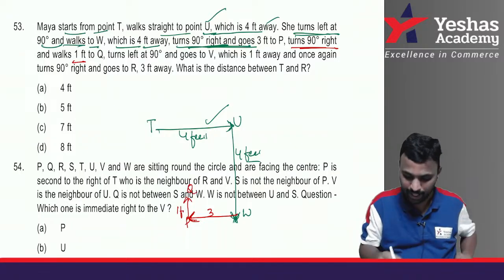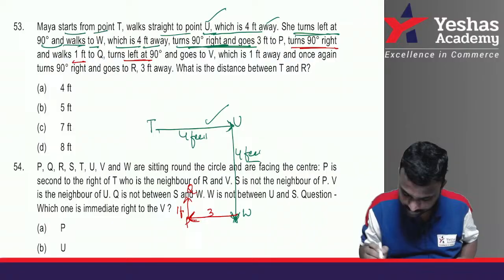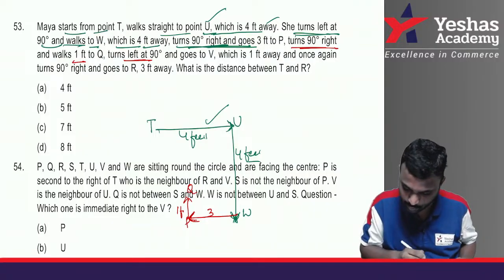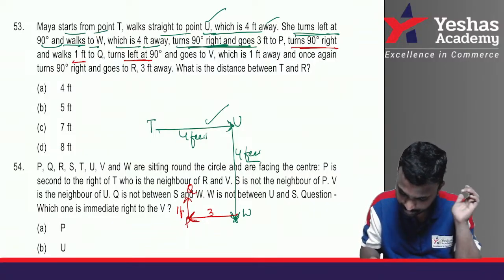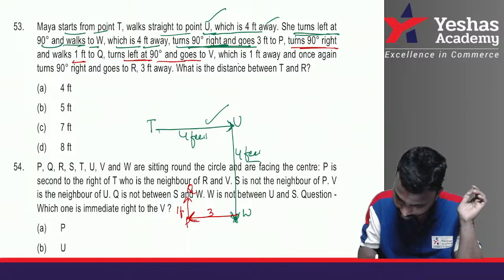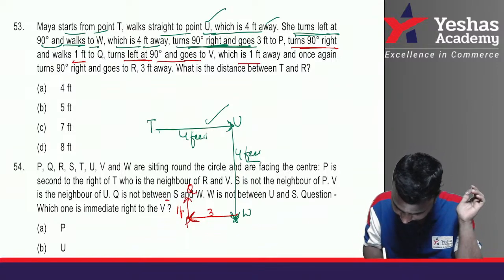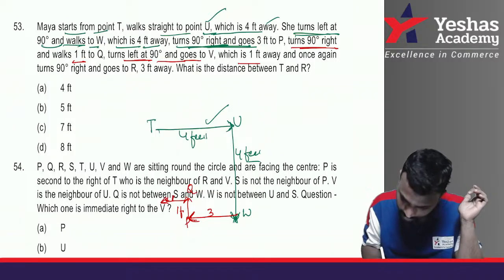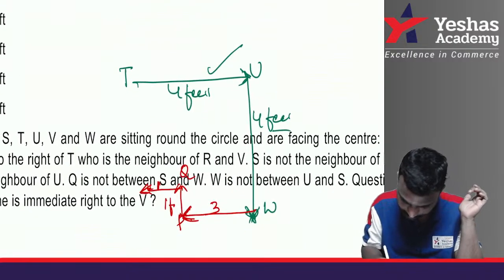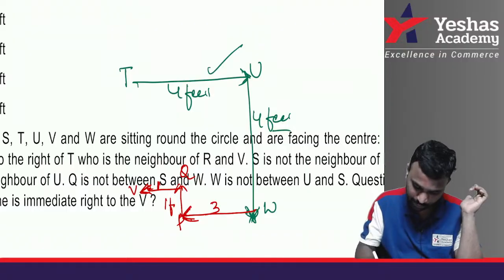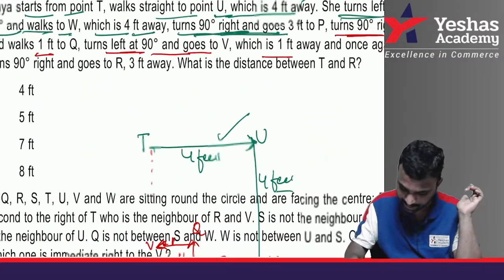Is this clear? Then turns left. Left means our left only. How much does she go? Turns left and goes to V, 1 foot away. So obviously left is our left only. This is 1 foot. And what is that point? It is point V. Here she is. If you see, this T and V are exactly in line.